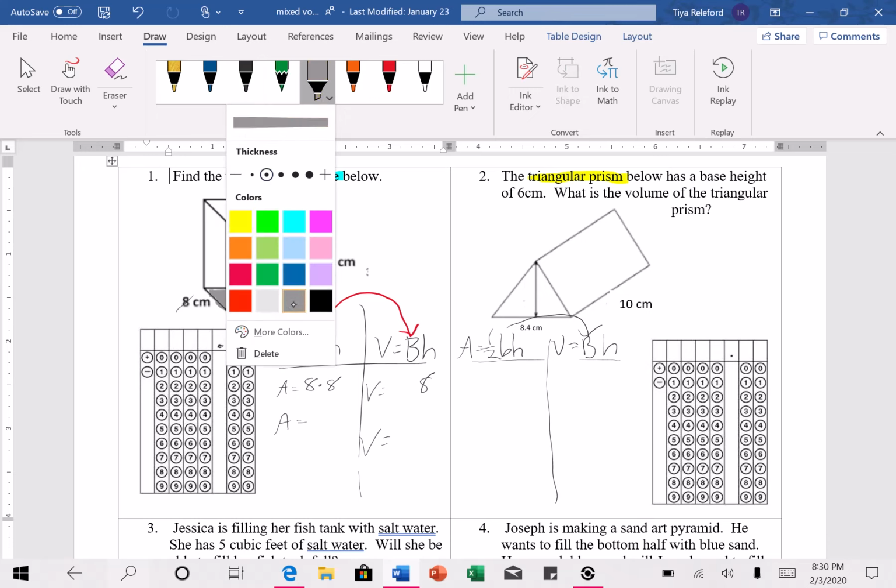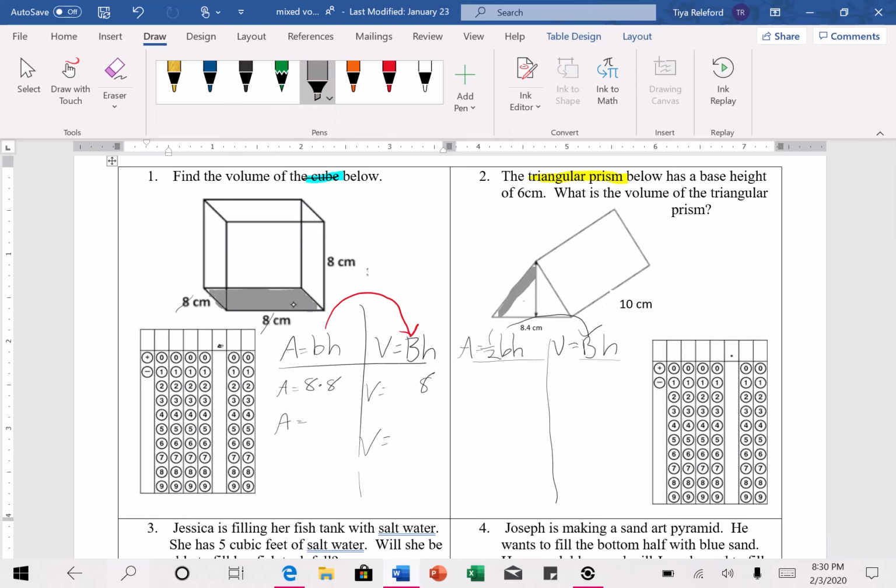So the base you're going to shade is right here. Now, for the base of your triangle, you're going to have 8.4. And the height you're going to get from the words.